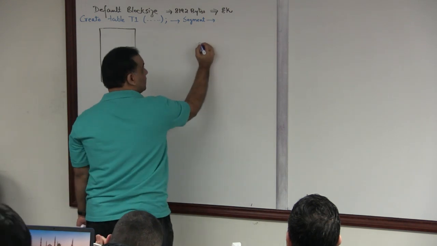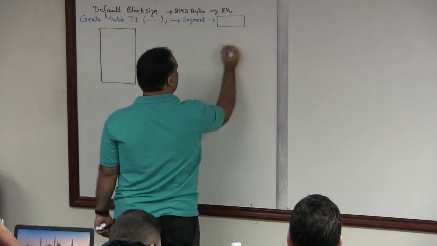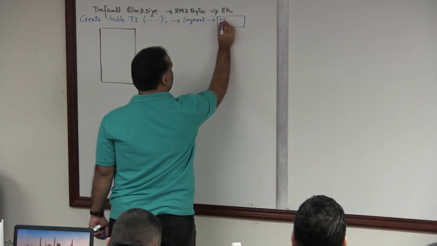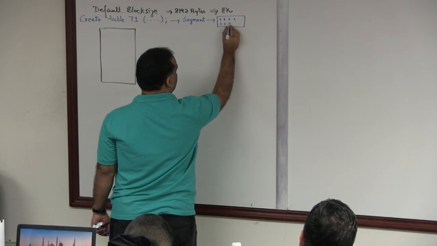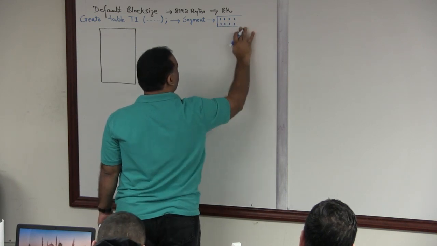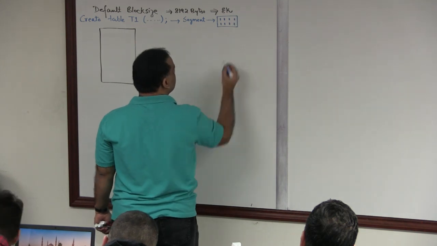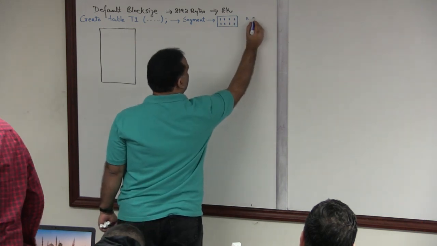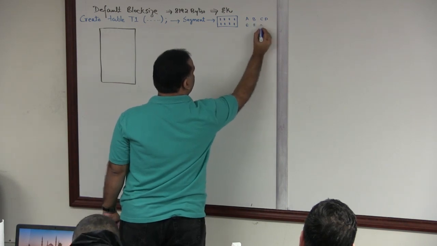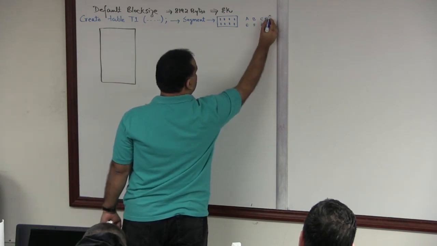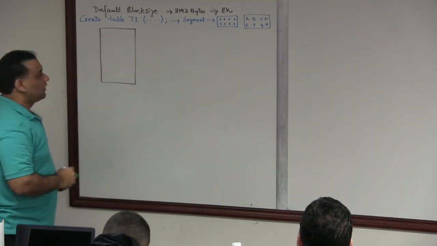This segment is going to create one extent, and this extent has 8 blocks. All right. So let's say these blocks are block A, B, C, D, E, F, G, H. So we have 8 particular blocks for one segment.